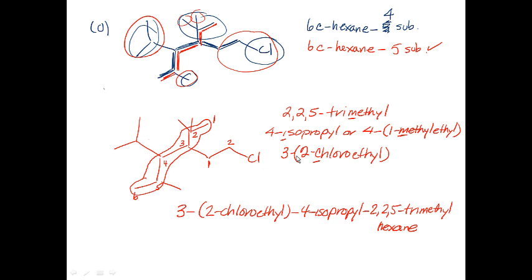Now using the 1-methyl ethyl, and remember 1-methyl ethyl comes after the trimethyl. So in this case, the other possible name would be 3, 2-chloroethyl. Then a 2,2,5-trimethyl.